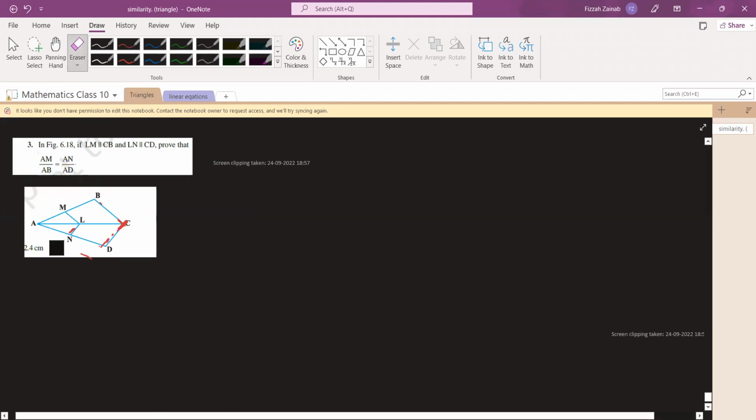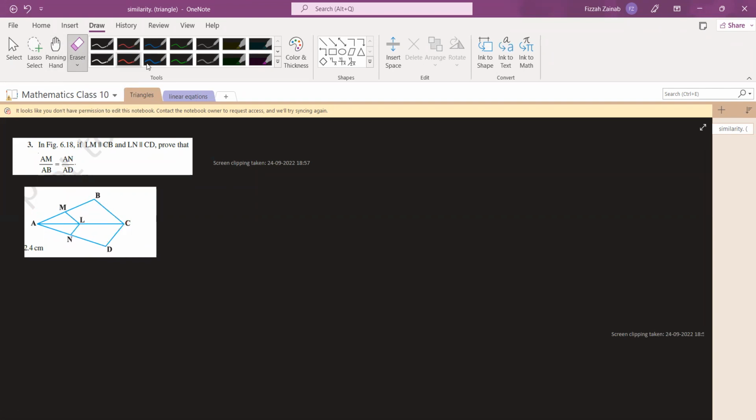So, okay, let's start. This question is from exercise 6.2. So ultimately you have to use BPT, that you know. Let us take one triangle at a time.